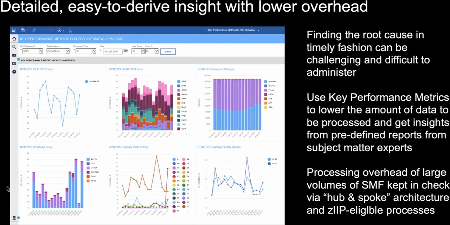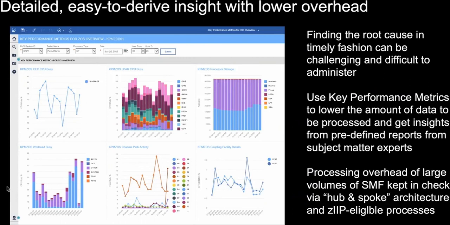We'll collect it all, we'll store it all up, and if we have a problem, then we'll dive in and look for the needle in the haystack. It can be a real challenge in that case to turn that data source into valuable insights in a timely fashion and make the correct decision on what to do.